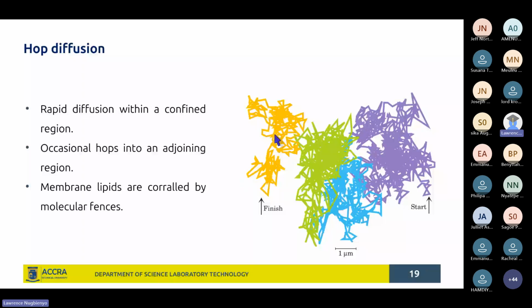the phospholipids actually do not move too far away. It's not so much of a random area of movement.